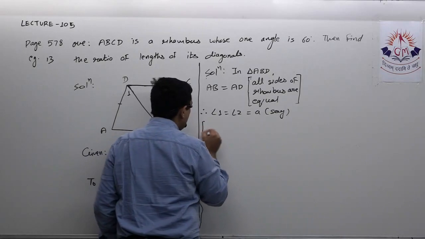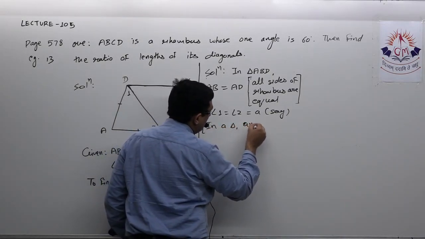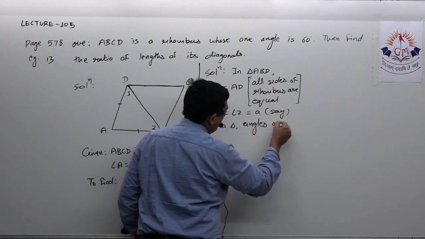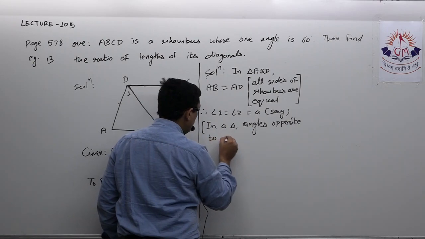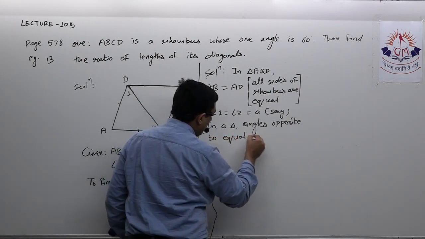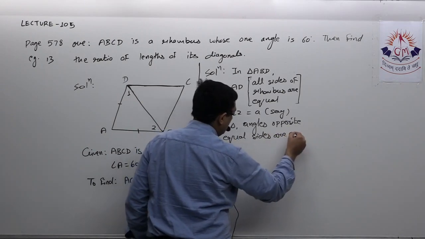So here I will write the reason: in a triangle, angles opposite to equal sides are equal.